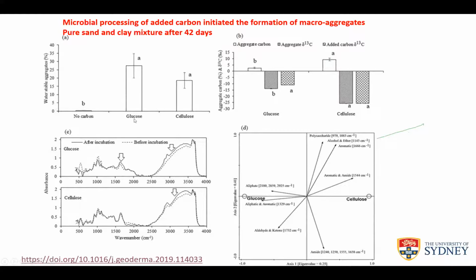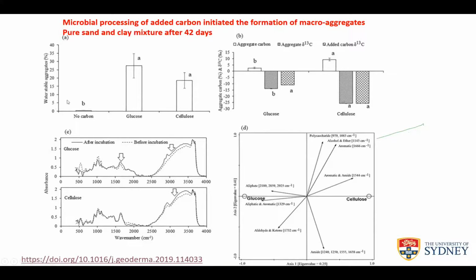So if you put in a bit of organic matter in terms of glucose or sugar, you suddenly see that there's an increase in water stable aggregate. That means that the organic matter with the help of bacteria and fungi will start to create this aggregate. And if you have cellulose, you also create this aggregate, right?